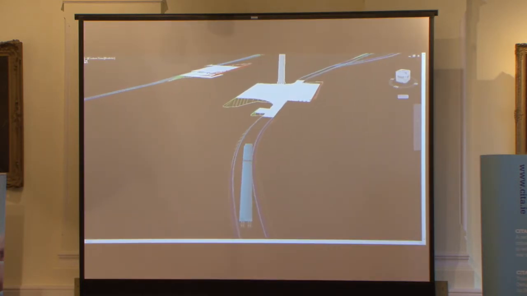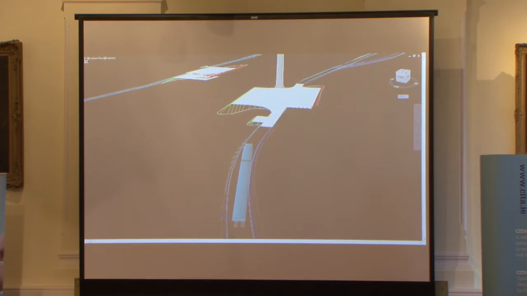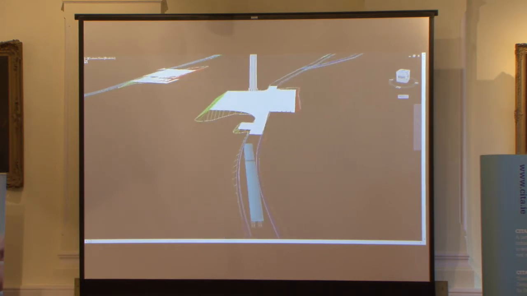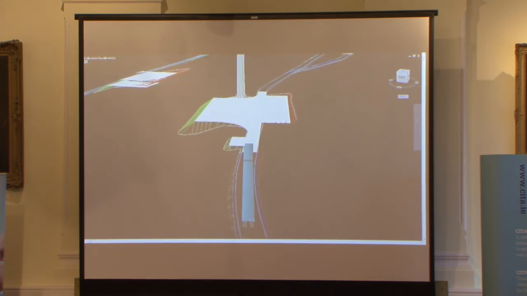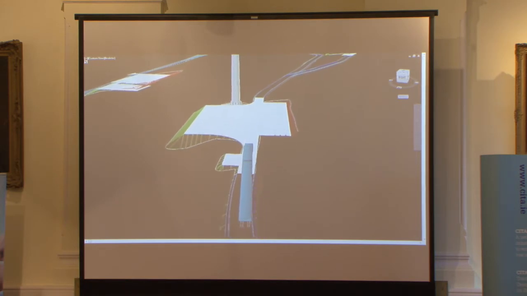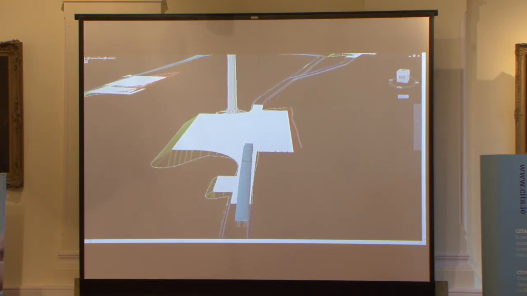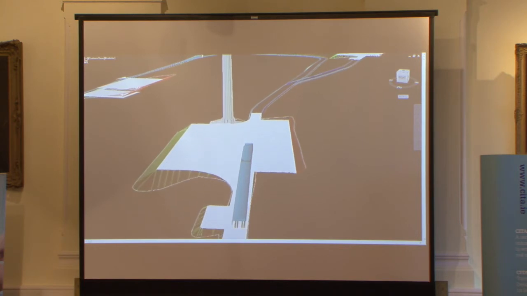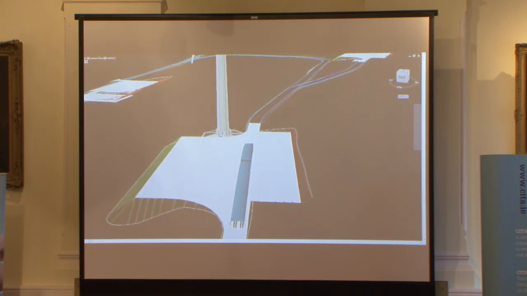It's just a fairly basic example of a blade, a 57.2 meter blade coming around a turn up onto a hard standing. You see the turbine foundation and the turbine and the cut and fill on the hard standing.